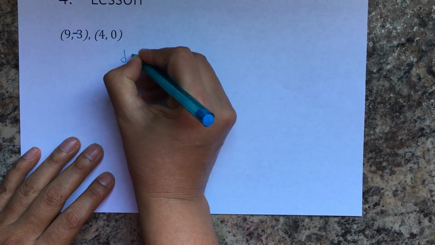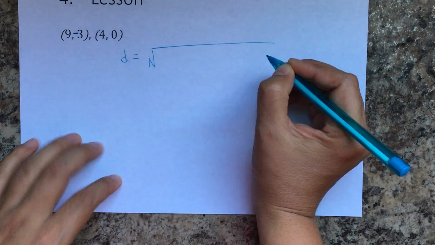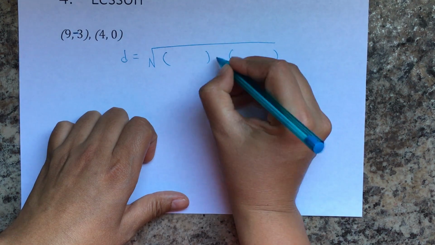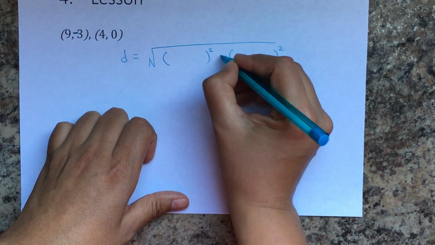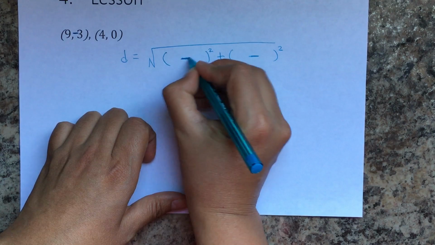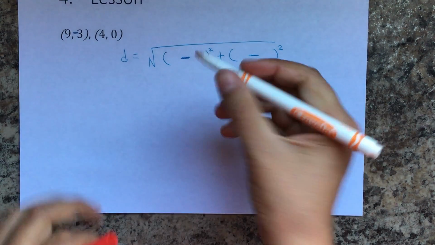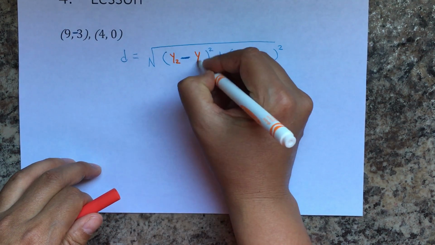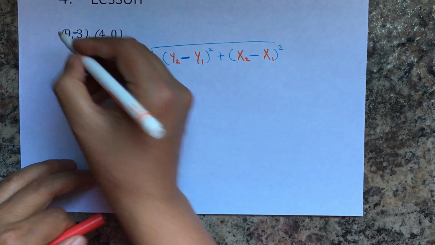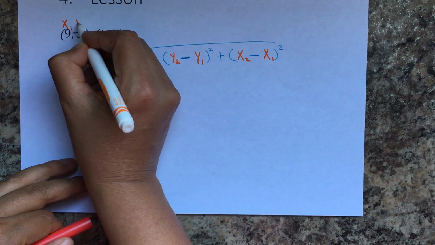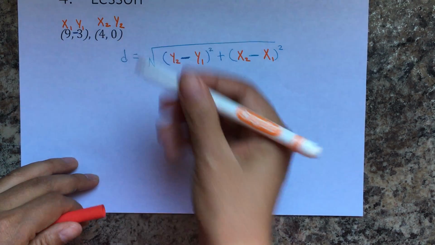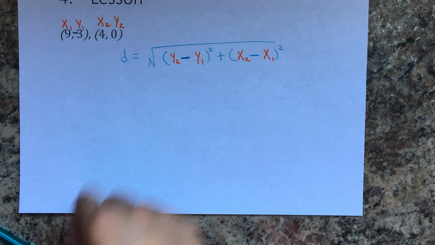So again, the distance formula is equals to square root, and we have y2 minus y1, x2 minus x1. Okay, remember that this is x1 and y1 because it's point number 1, x2, y2 because it's point number 2.